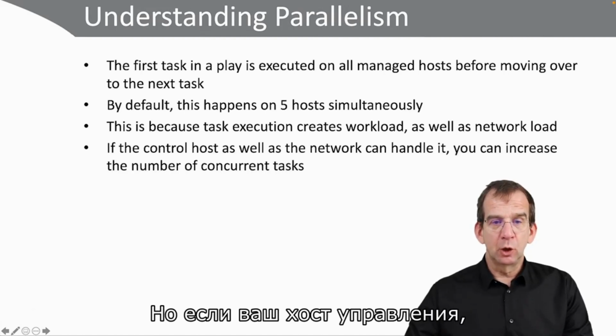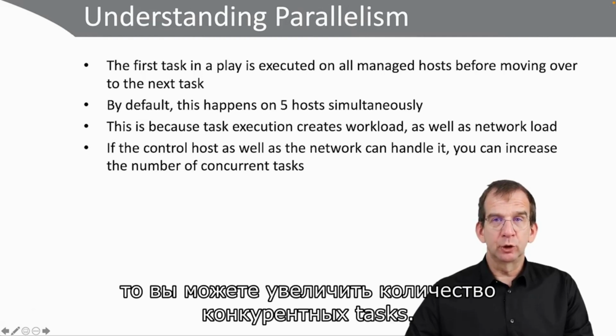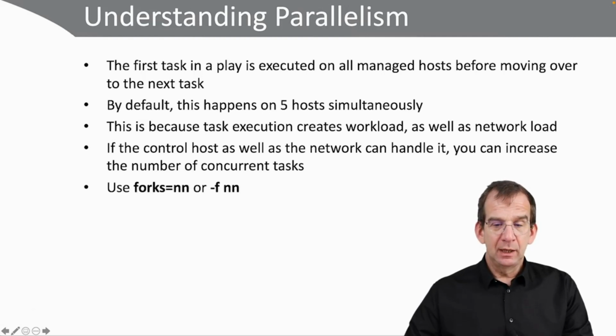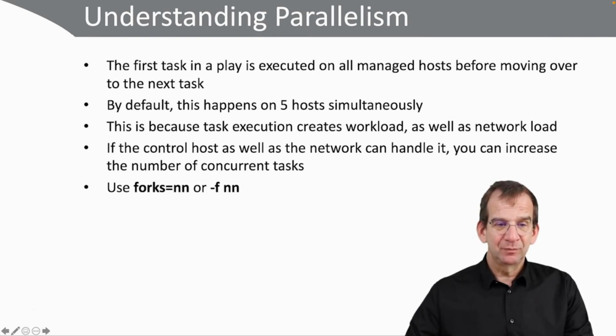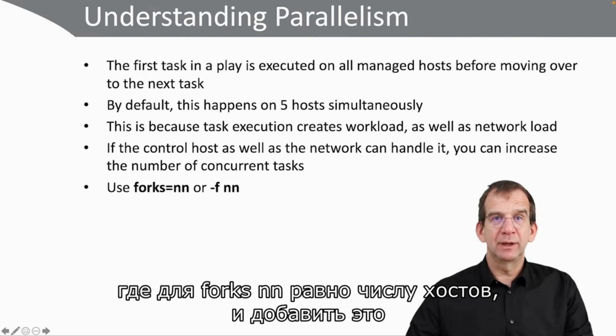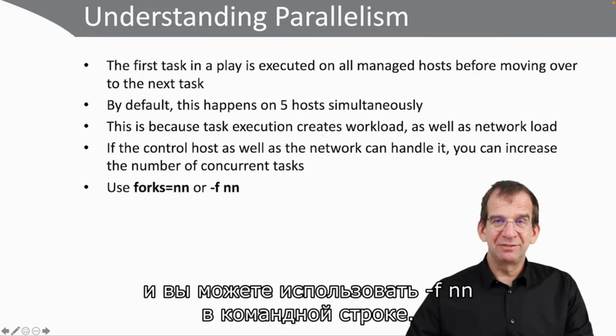But if the control host as well as the network can handle it, you can increase the number of concurrent tasks. In order to do so, you use forks equals number or minus f nn, where forks equals number is what you can put in your ansible.cfg or in your playbook, and minus f nn is what you can put on the command line.